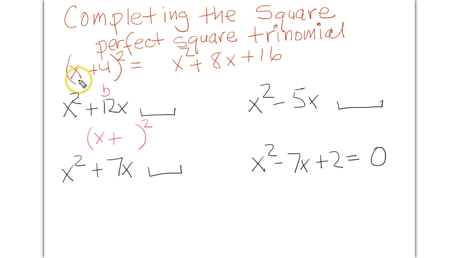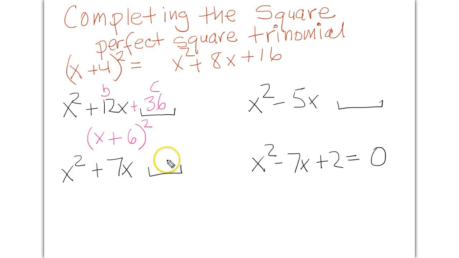Well, again, we multiplied these together and doubled it to get our b term. So we will take half of what is our b term and put that here. And then to get our c term, this is going to be our c term here, and it'll always be plus. Square 6 and get 36.